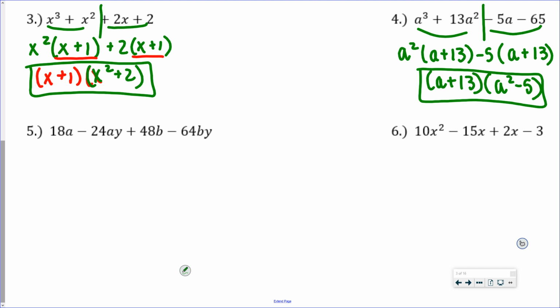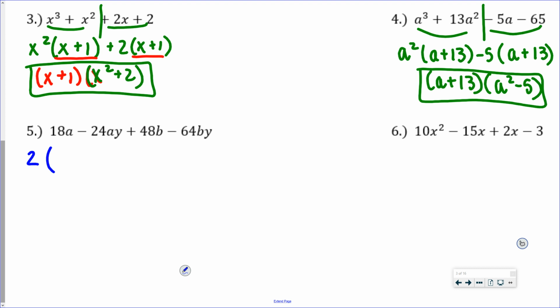All right, does anyone see what we could factor out right away? A 2. All these numbers are even, right? 18, 24, 48, and 64. So you might even be checking, okay, 4 doesn't go into 18, 6 doesn't go into 64. You should be checking for the greatest factor, but 2 is the biggest factor of all these terms.